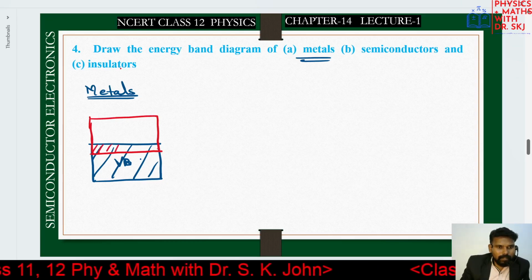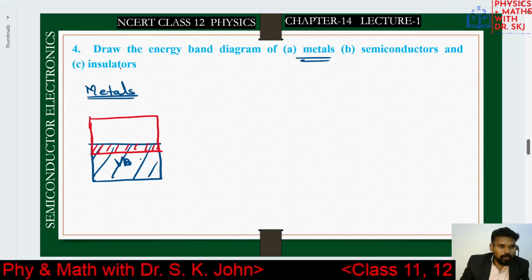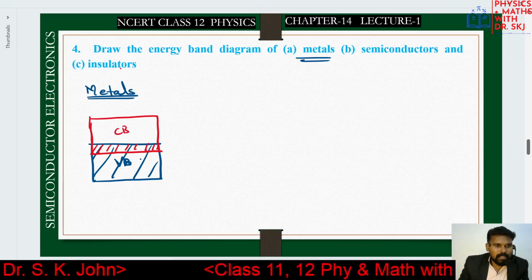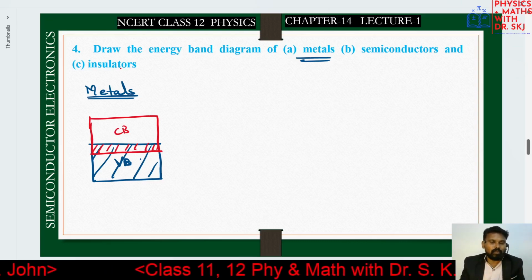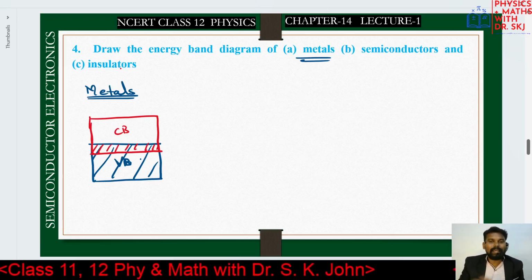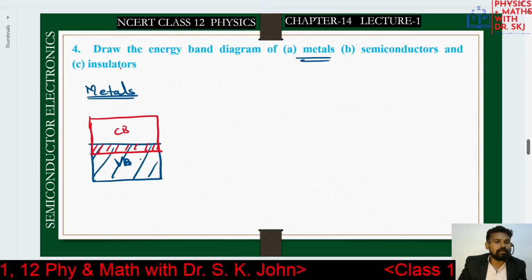And what is the advantage of this? When the valence band and conduction band are overlapping, some of the electrons have energy to conduct. Conduct means to carry current or to move anywhere inside the metal.